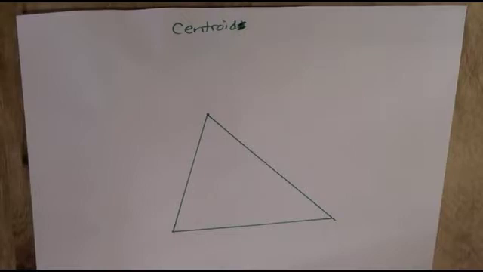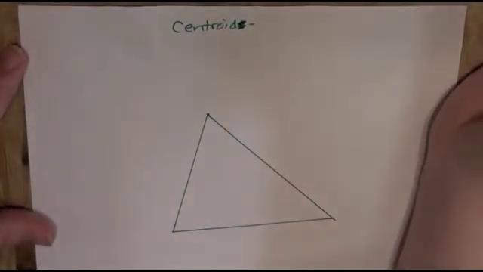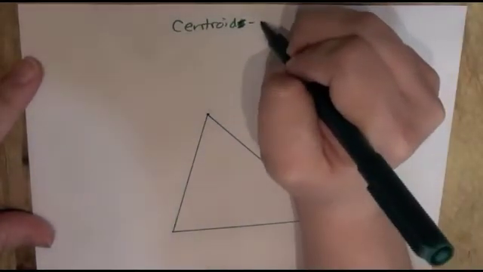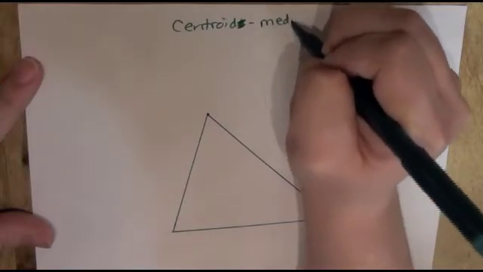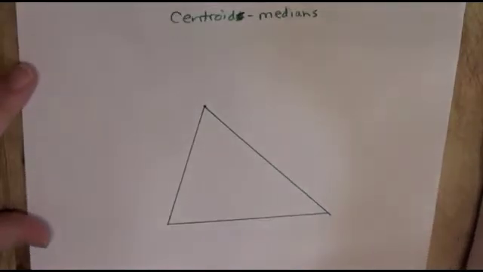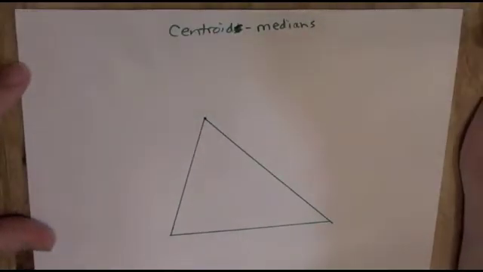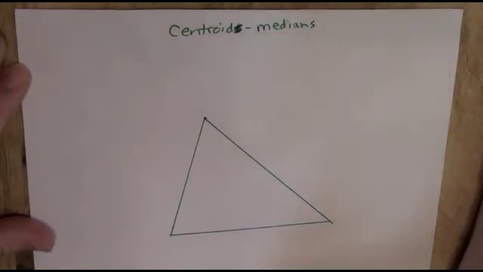We will be constructing the centroid of the triangle. And something important to remember is that a centroid is the point of concurrency of the medians. Now, the trick with the median is that a median by itself is fairly complicated to construct.